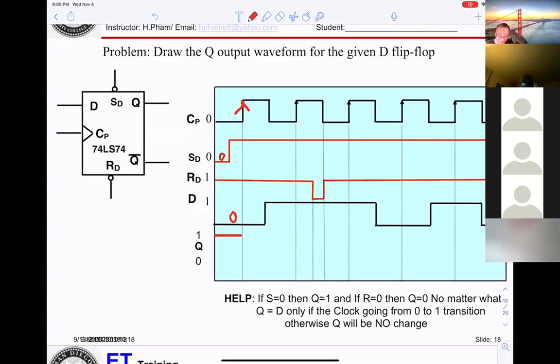That's the clock here. You see that? So Q will go to 0. And it will be 0 until the next transition, right here.